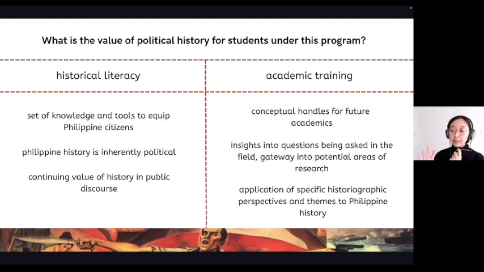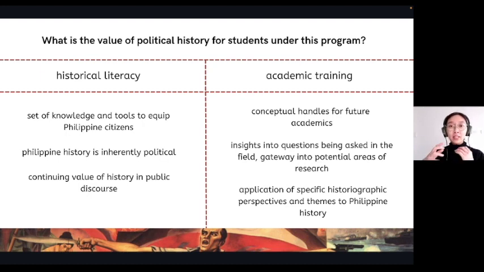Ganda no. Although there are different kinds of history, social history, economic history, and all of them are important, when we think about ourselves as citizens of the Philippines that have to participate in political affairs like elections or historical conversations on ethical topics, diba?